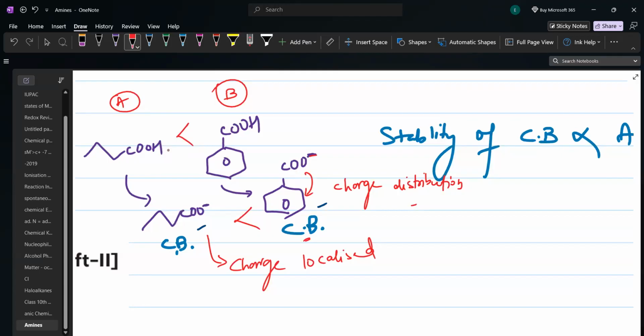Have you understood this concept? This concept is very important in the introduction of organic chemistry and acidic nature in class 11th, and it is applied in class 12th as well. That is why I have introduced this.